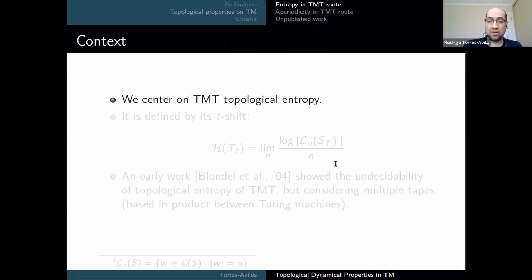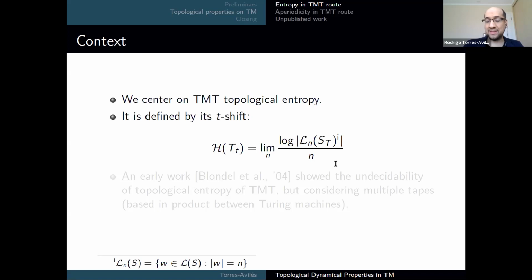So we center this part on topological entropy in TMT. The topological entropy in TMT is defined by this trace: a limit over the logarithm of the number of words in the language of a certain size, divided by this size.